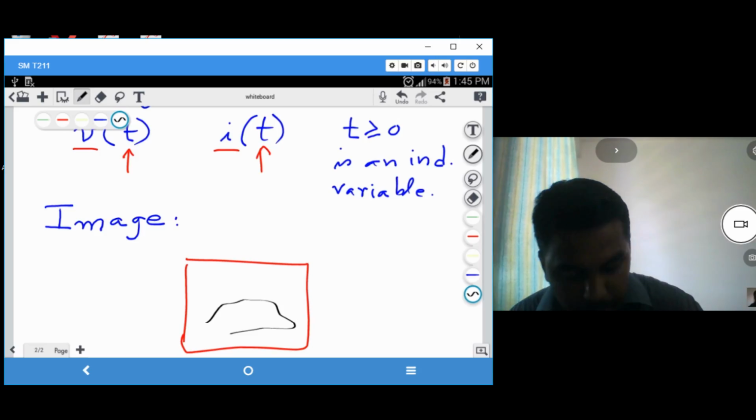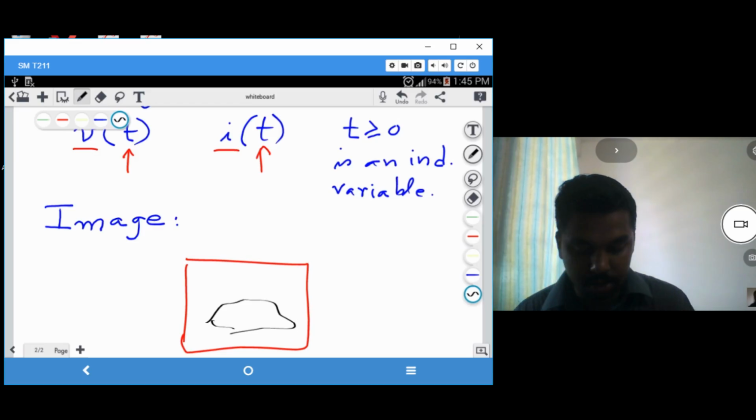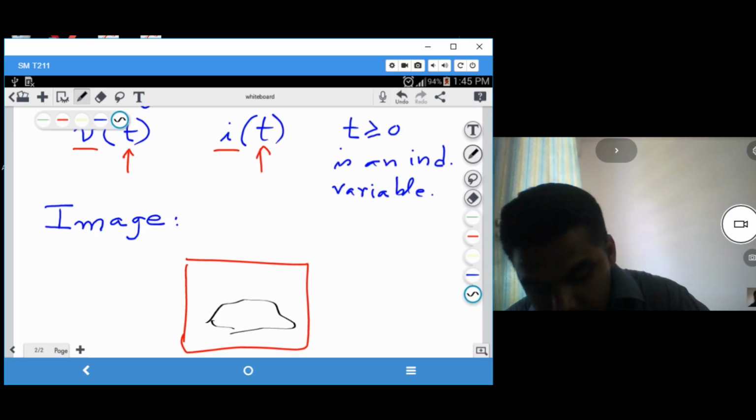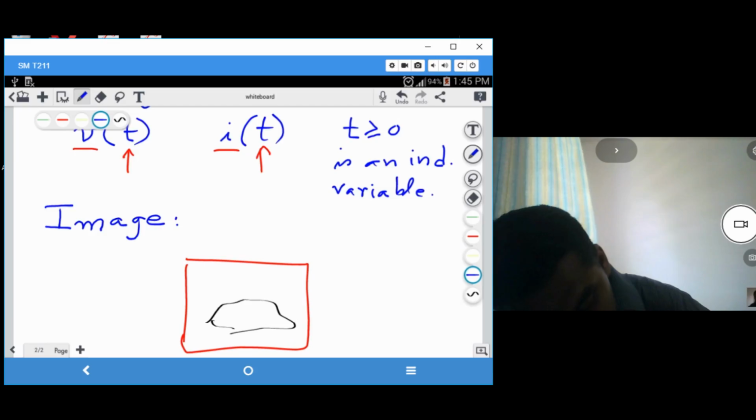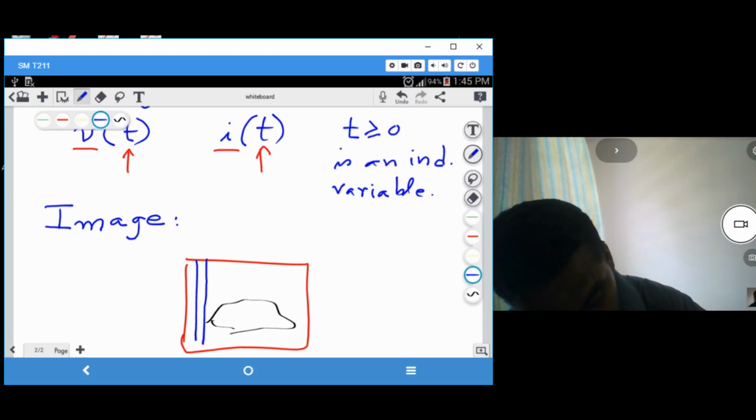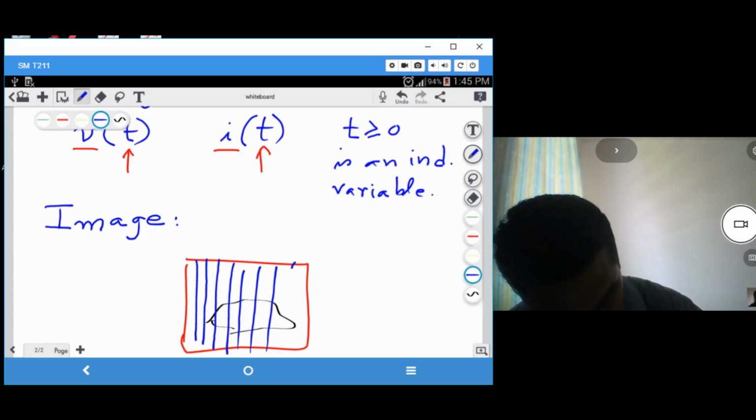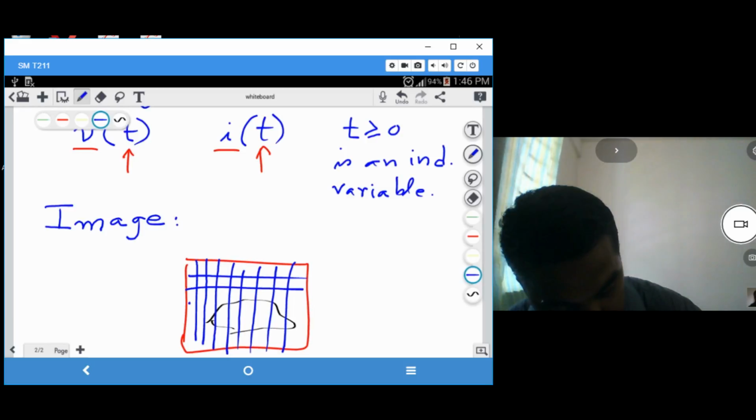There is some object in this image. And a digital image, for instance, is comprised of a certain number of columns and a certain number of rows. So we represent it by the grid representation.